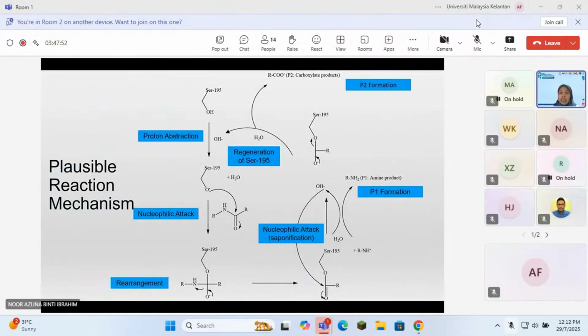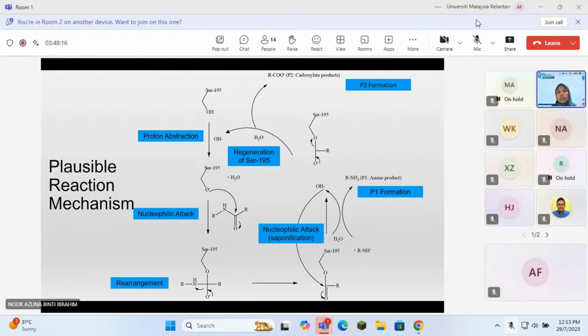Okay, the last one is about the possible reaction mechanism of the enzyme based on the alkaline condition. Here we focus on the catalytic or binding pocket.